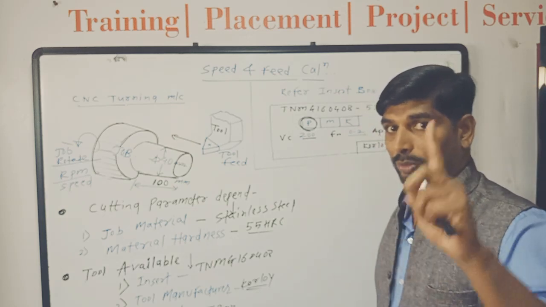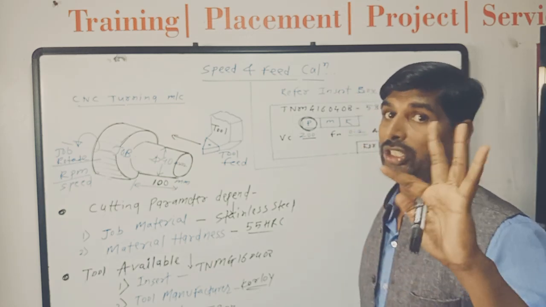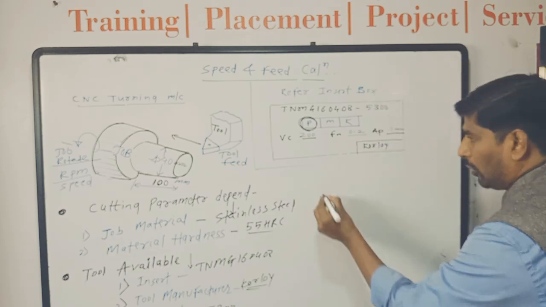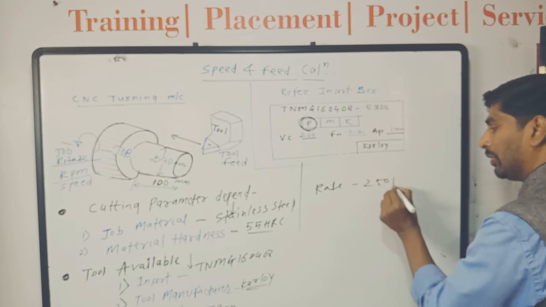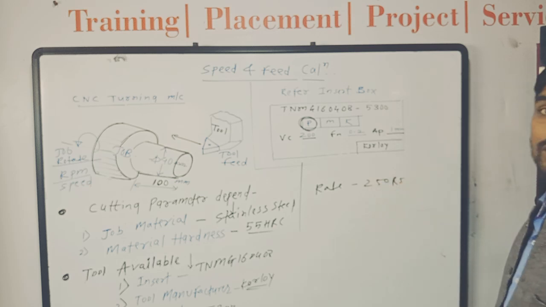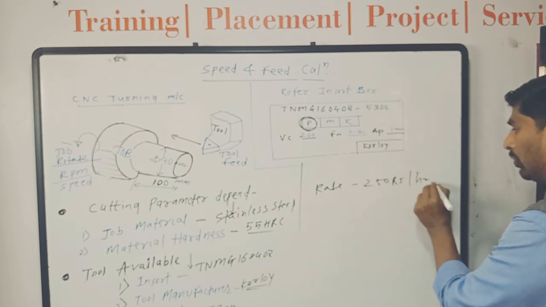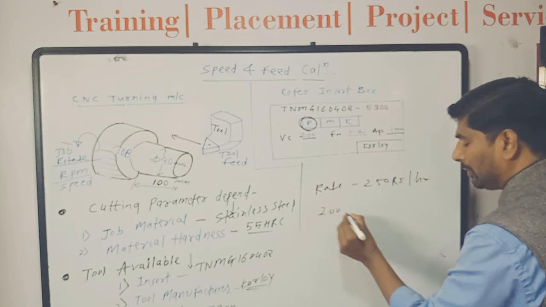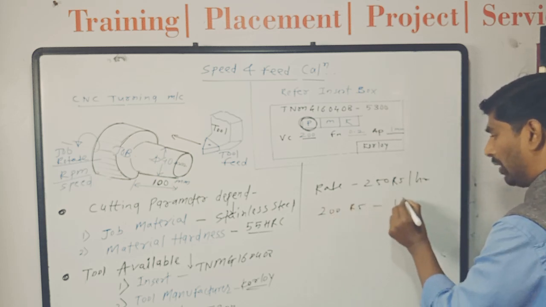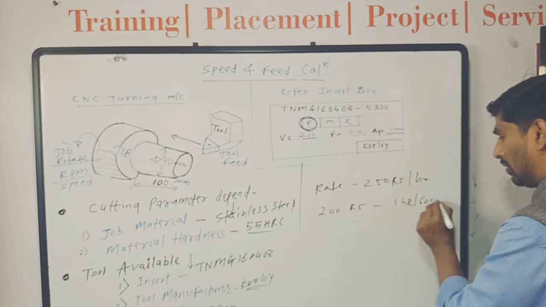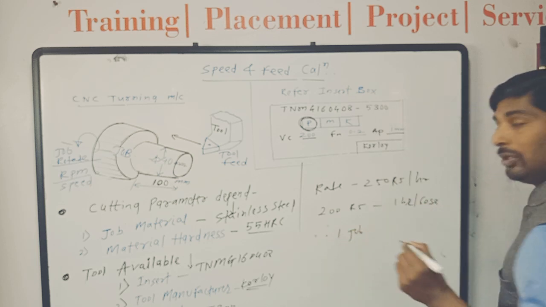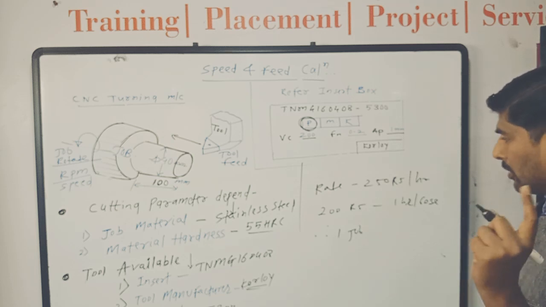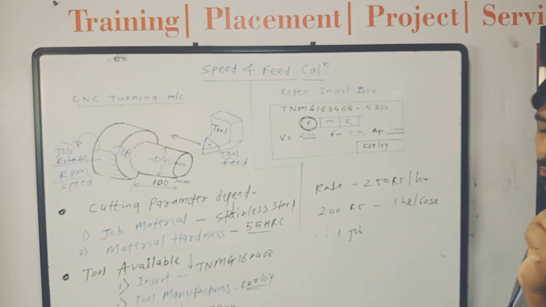It means for 1 hour we are going to make 30 jobs, and the rate for machining is 250 rupees per hour.